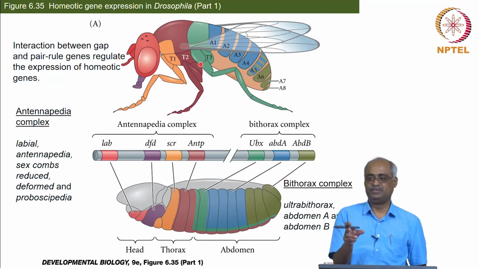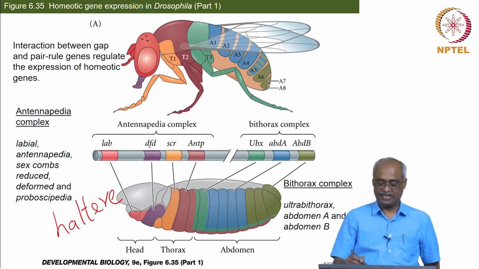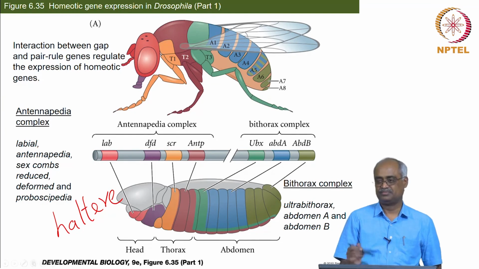Many others have four wings. Haltere is actually a vestigial sort of wing, a very small structure, not a fully formed wing, but evolutionarily it is a wing-like structure that has become vestigial in the dipteran insects, and that is primarily because of the ultrabithorax expression there, which does not allow the wing to form there.